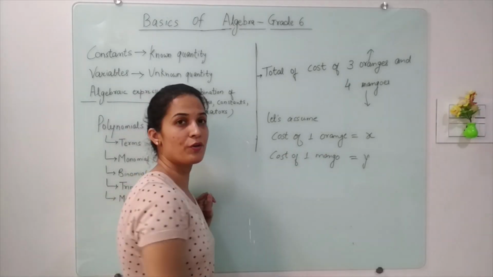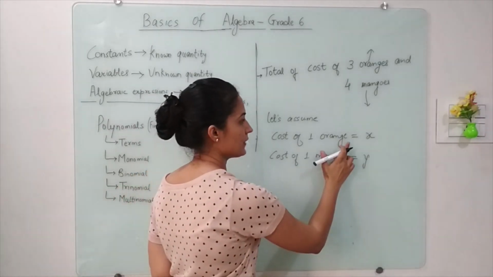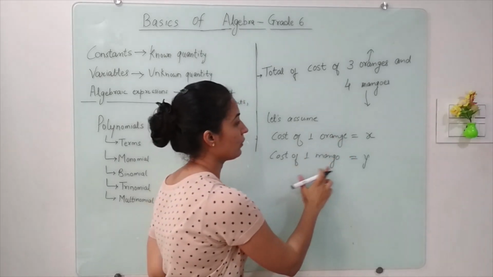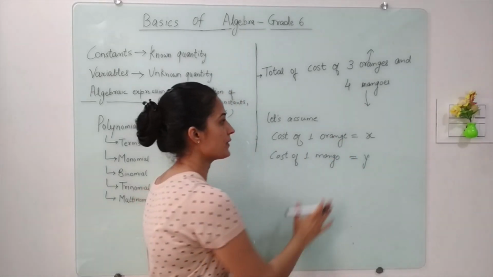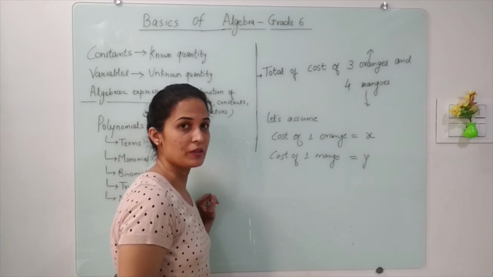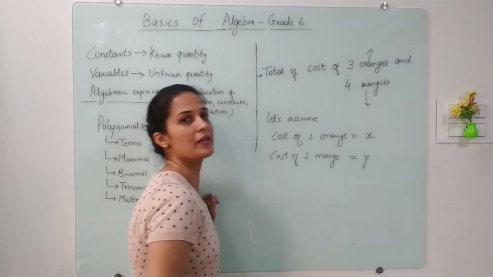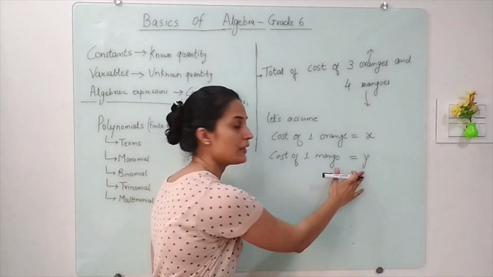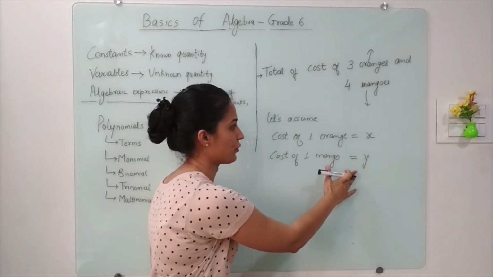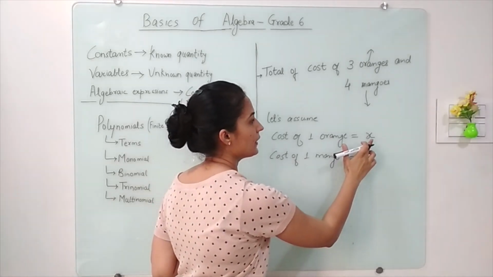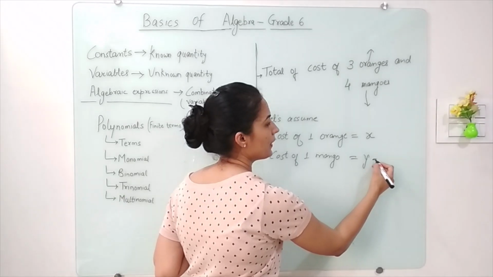And of course it cannot be same. So if I take this as X, obviously I cannot take this as X because the value of these two might be different. So I have to take another variable here. It can be anything of your choice, any alphabet of your choice. But this is for sure that this value may not be equal to this.